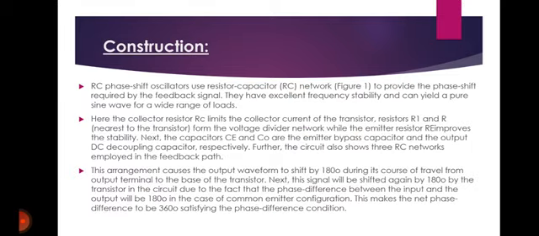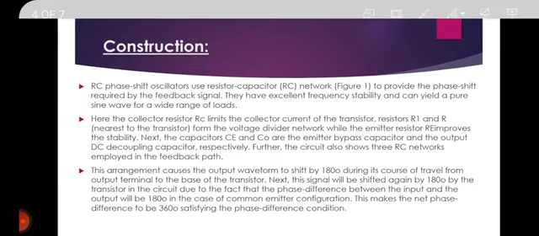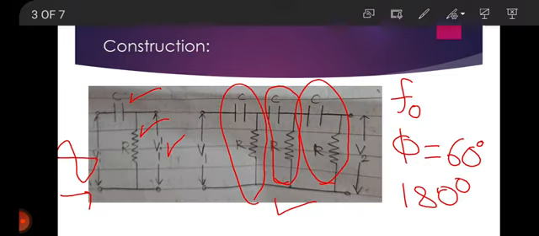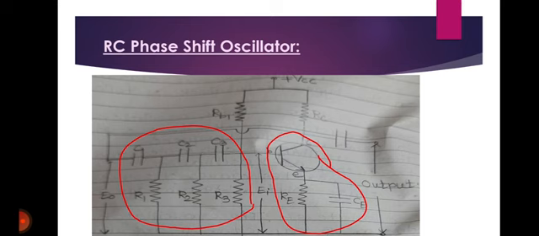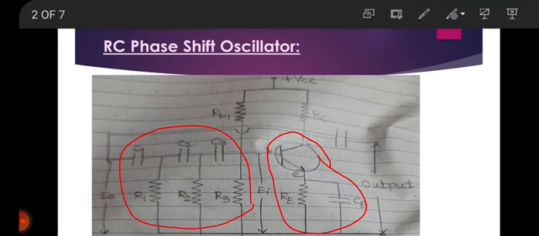Then see, this is our circuit diagram for the phase shift oscillator. As we know, it consists of a transistor amplifier and an RC phase shift network.